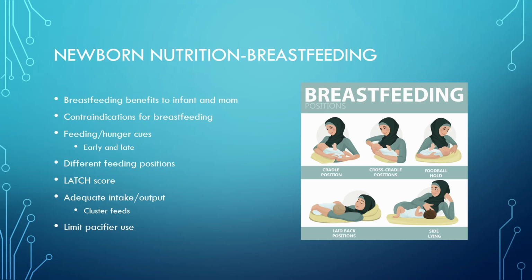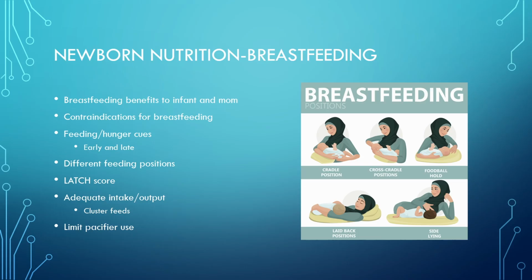When a mom is nursing, we can do what's called a latch score to see how good of a breastfeeding experience that time it is. So we look at LATCH, so it stands for the actual latch. Is there a latch or not? Is there audible swallowing that you hear?